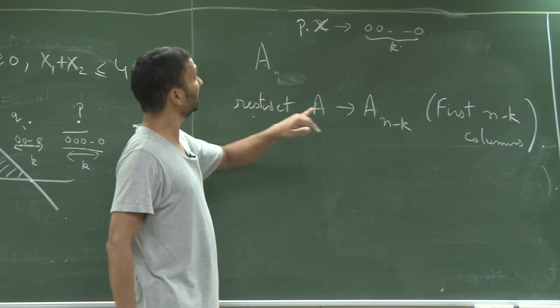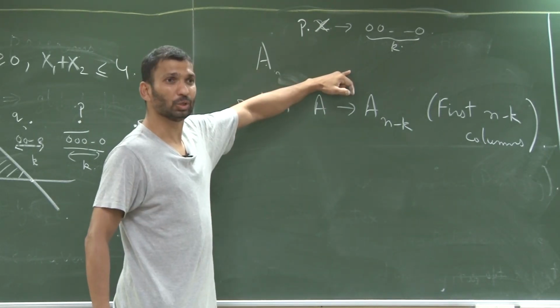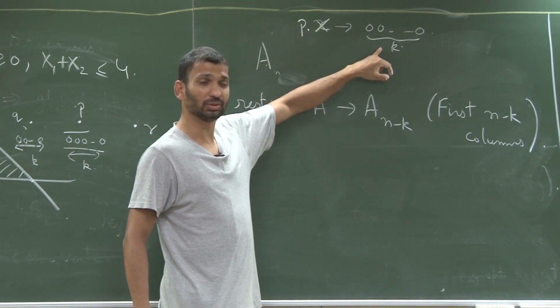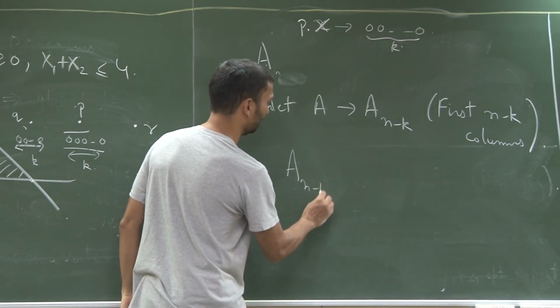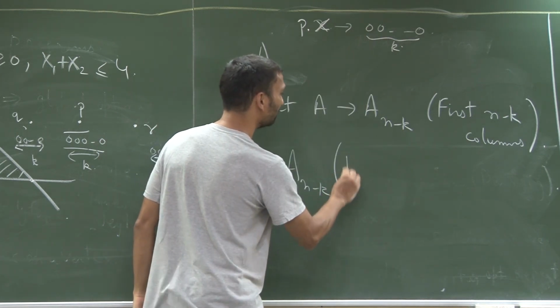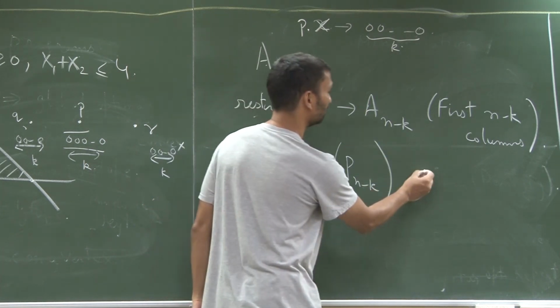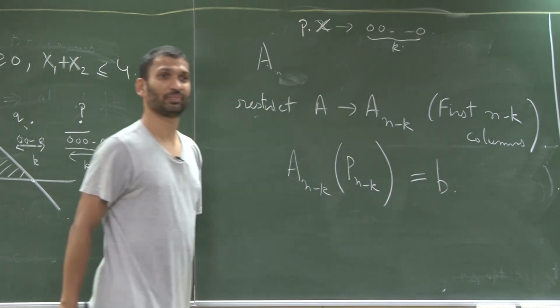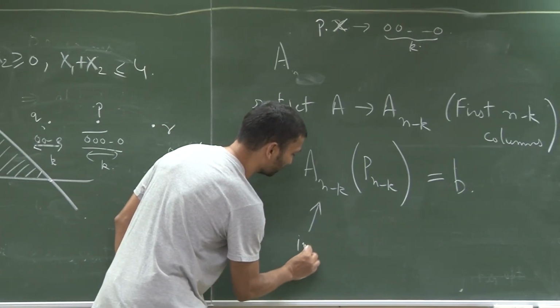Okay. Now you know that A times P equals B, but the last K coordinates are 0. That means A_{n-k} times P, let's say I restrict it to the first n minus k coordinates, right? And suppose this is invertible.